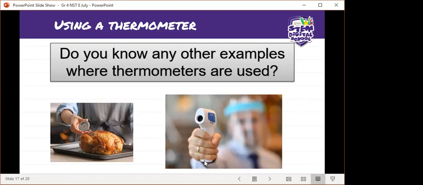And this is also a thermometer, right? But this device uses infrared rays. Okay, so it measures your temperature to check if you do not have a fever. Okay, guys. And yes, Unati, that is correct. They check your temperature using a thermometer.